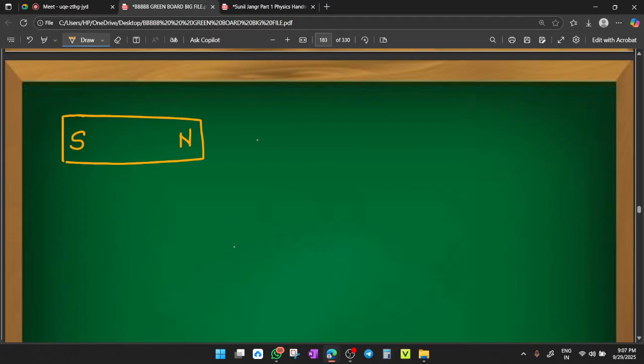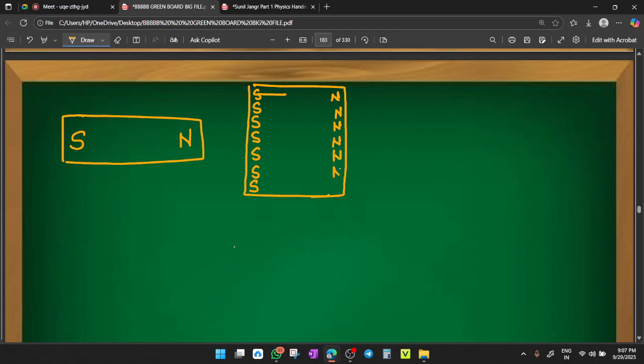If we keep a big iron block near the magnet, then near the north pole of the magnet there is the development of a south pole in the iron piece, and the far end of the magnetic material is magnetized as a north pole.